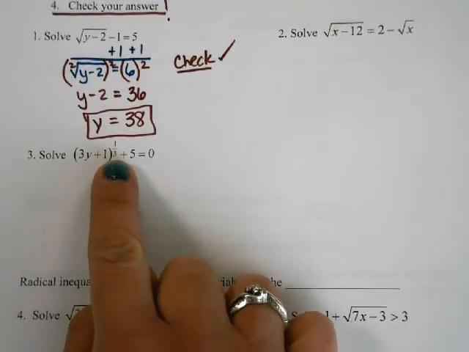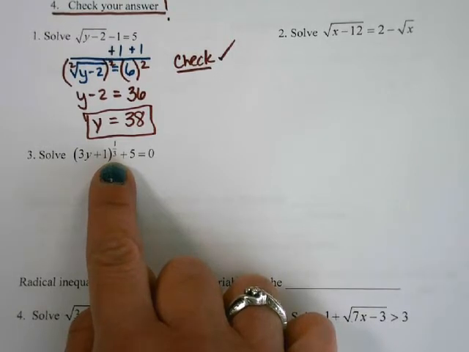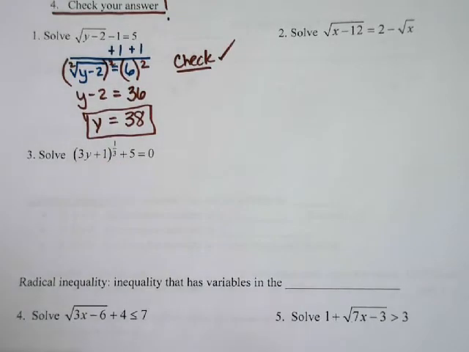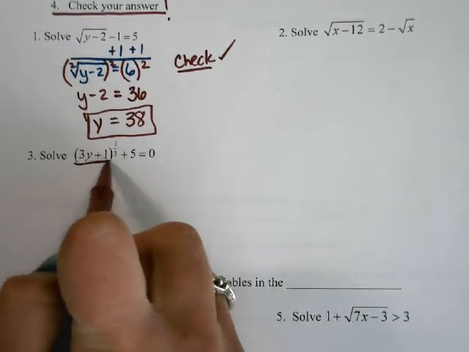Well, that's okay. We can write them in radical form if you want, but what do we know about the index? The index is just the denominator. Okay, so this right here would be the radical part.